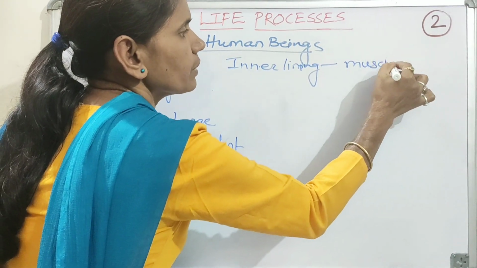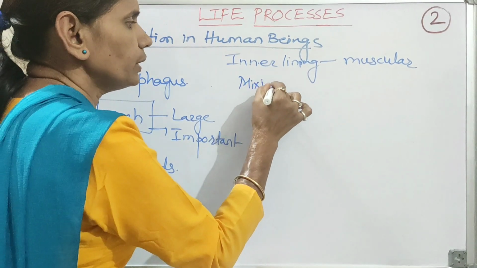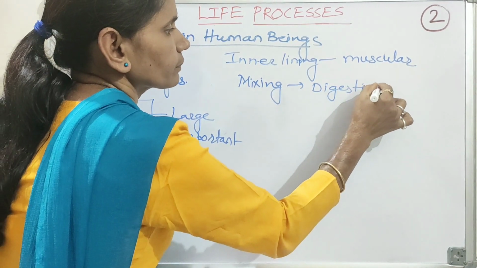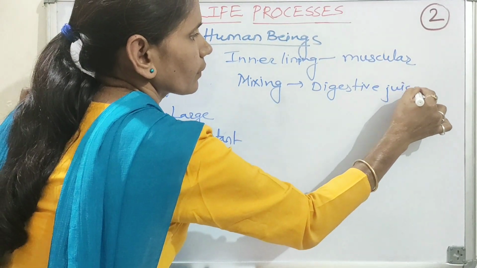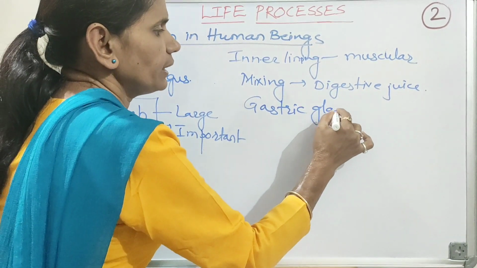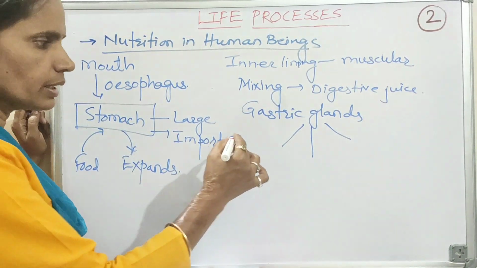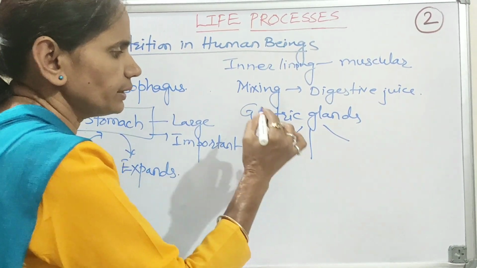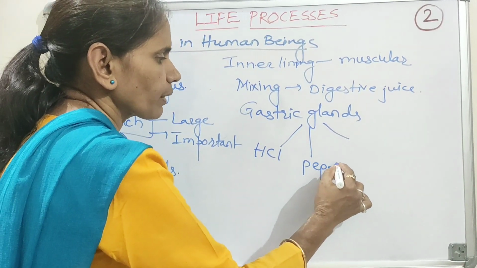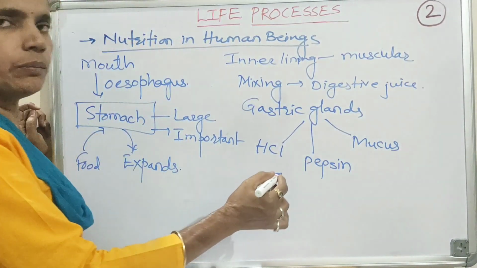Because of this muscular inner lining, it helps the mixing of food with the digestive juices. The gastric glands present in the walls of the stomach release three different components: hydrochloric acid, that is HCl, the enzyme pepsin, and the third one, mucus. Each of these has an important role.